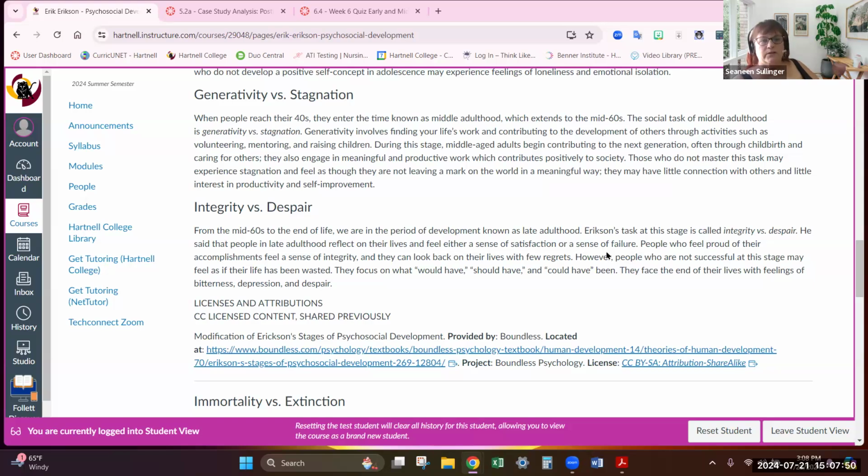So people in late adulthood reflect on their lives and feel either a sense of satisfaction or a sense of failure. People feel proud of their accomplishments, have integrity. They can look back and say, yep, I did well. Those that don't often focus on what could have been, what should I have done? And so then you're kind of depressed and have despair and sad, which is too bad.